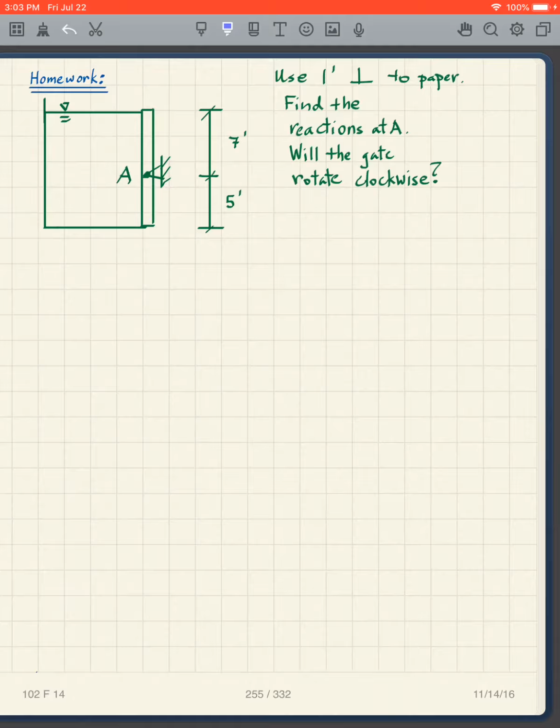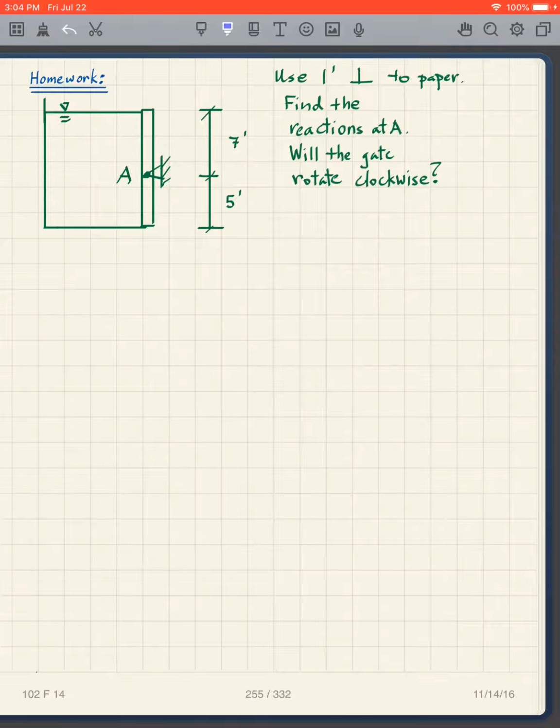So that means that the wall is going to rotate. It's either going to rotate in this direction, or it's going to rotate in this direction. We don't really know. But in this particular case, we want to know if the gate will rotate clockwise. So clockwise would be like that.